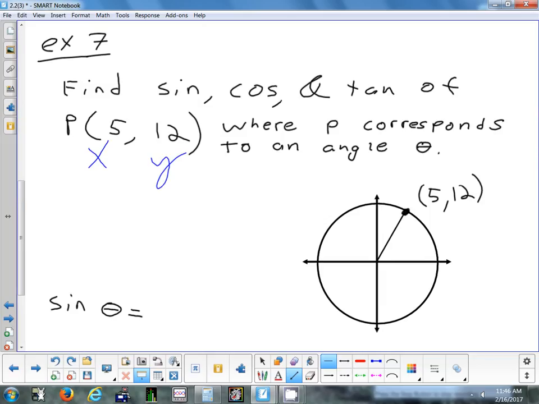Is that distance going to be 1? No. How can you tell that this distance, just kind of eyeballing it, it can't be 1? You want to see how we can tell it's definitely not 1?